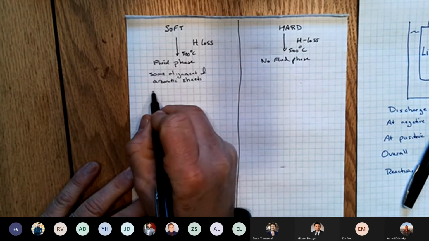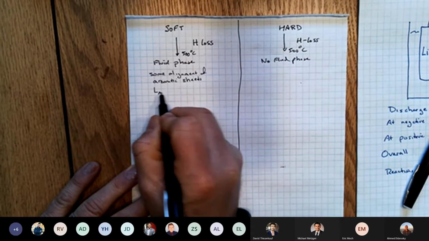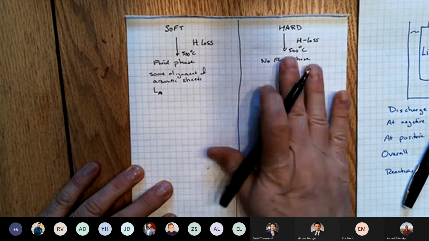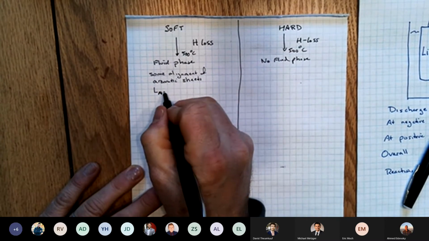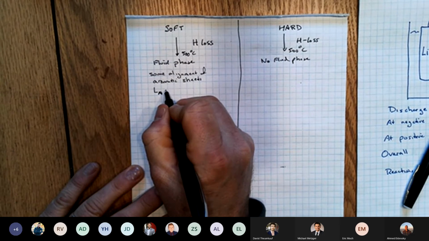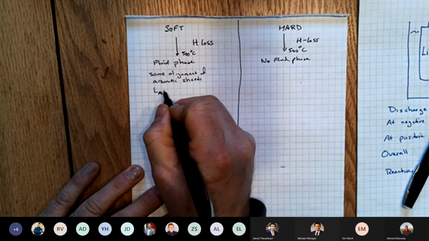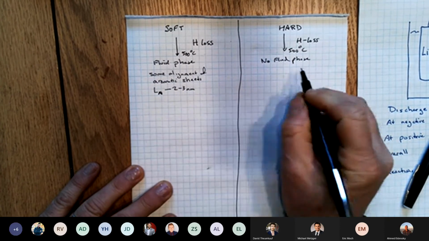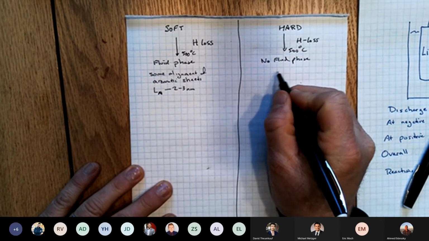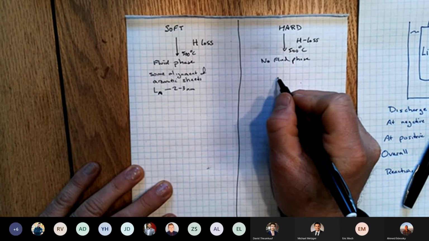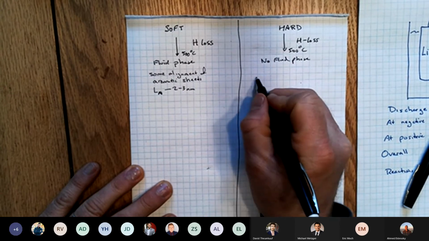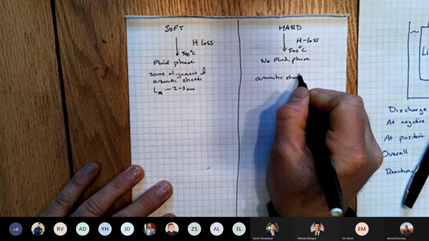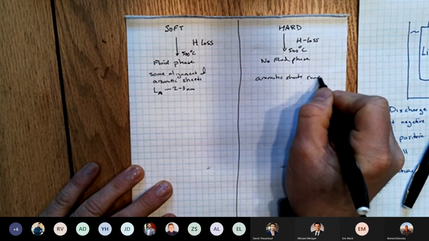So maybe LA, that's called the size of the graphene sheet in the plane of the graphene sheet, is small. Maybe it's 2 nanometers or 3 nanometers. And over here, you don't have any alignment of the sheets at all. The aromatic sheets are, if you like, randomly stacked.